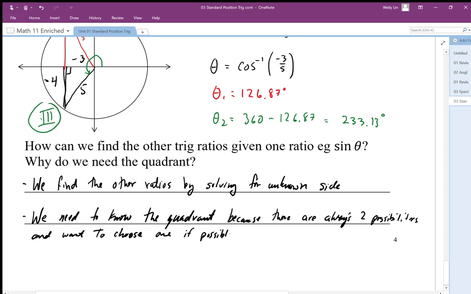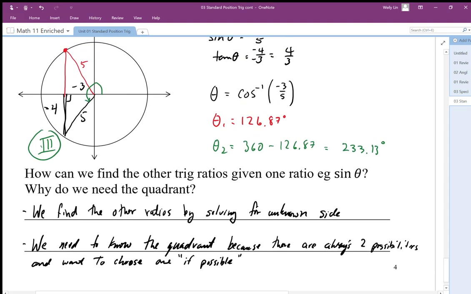We want to narrow it down to one if possible. Now if we can't narrow it to one, we have to give both solutions. If we're being asked to solve for the angle from the ratio, and we don't have any indication of which quadrant we really should be in, we need to make sure that we give both possibilities.